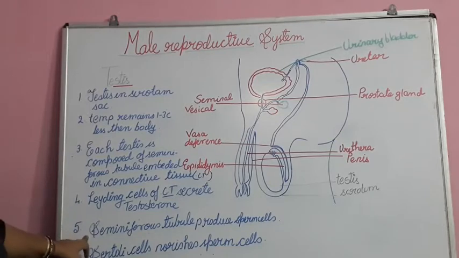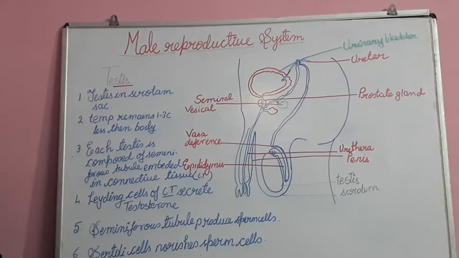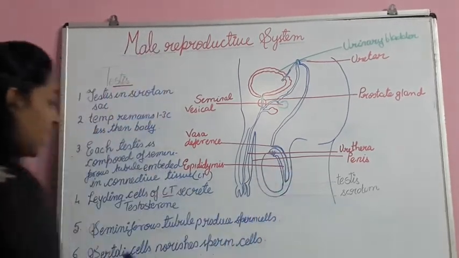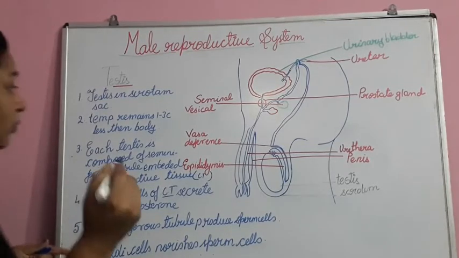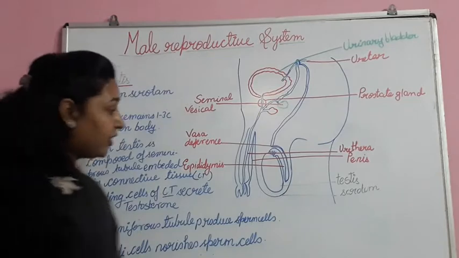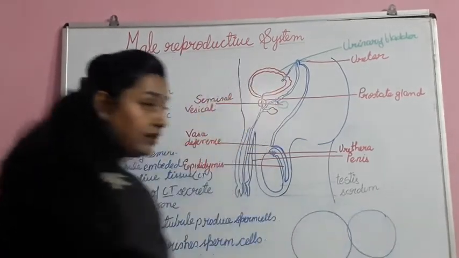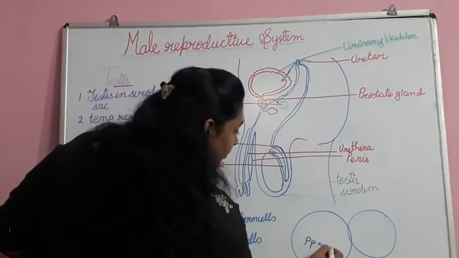Now there is one more work: the seminiferous tubules produce the sperm cells. So the seminiferous tubule which lies over here produces the sperm cells, right? If you cut this testis, you will find that these seminiferous tubules are somewhat like this, and inside them the sperm cells are produced.